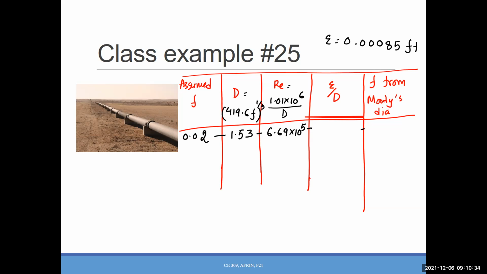Okay, and give me the epsilon over D in terms of a decimal number. Make sure there are 3 zeros, because we had some problem in section 1 because of these zeros.